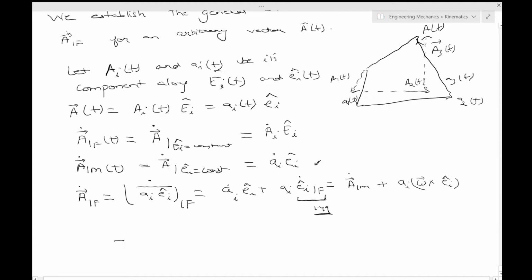This would be equal to A dot M plus omega cross AI hat. We can just take this AI scalar inside it, not a big problem.